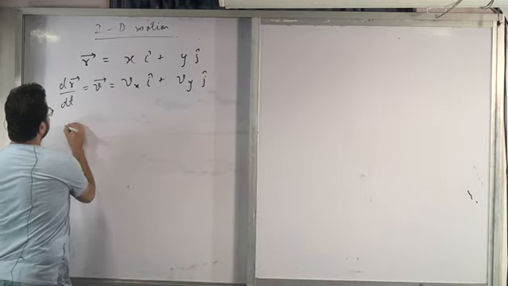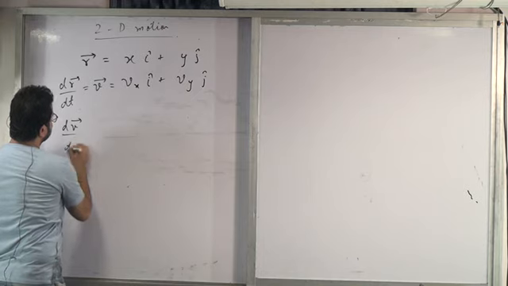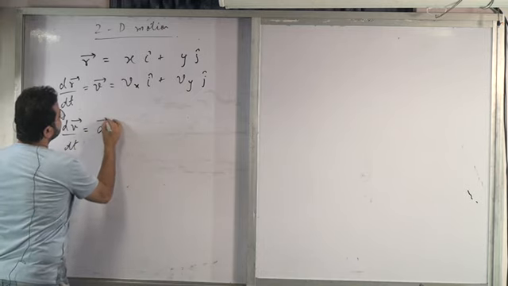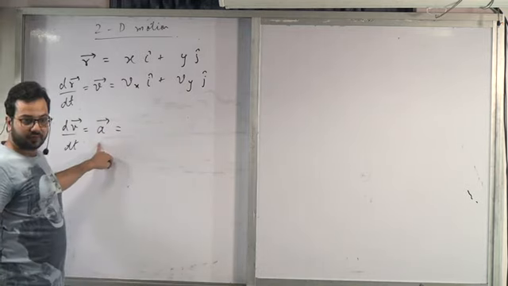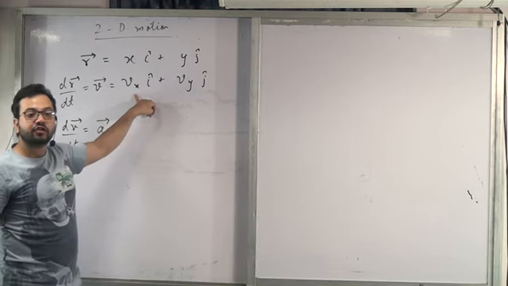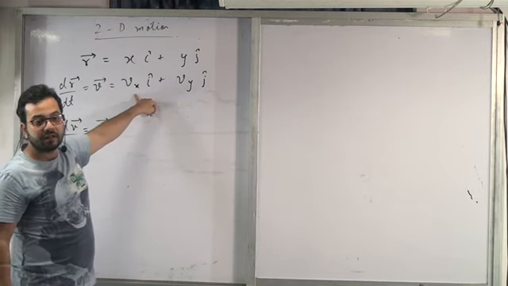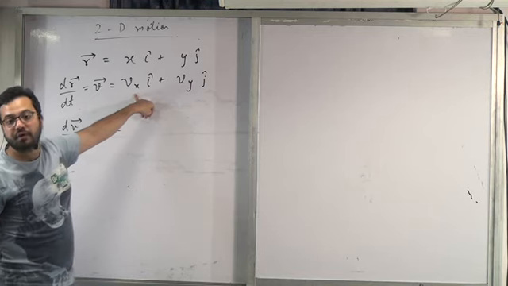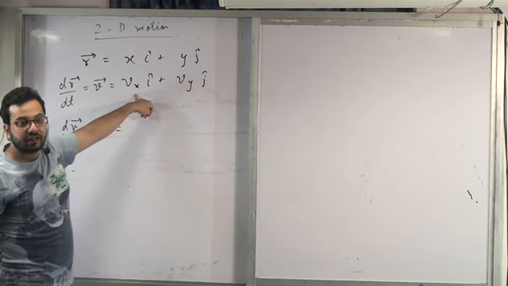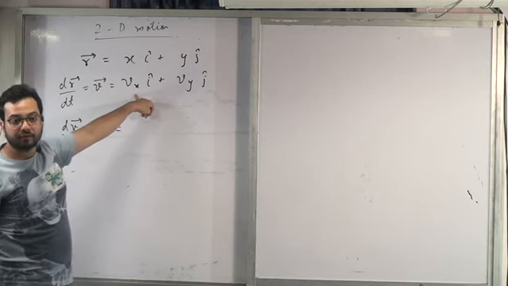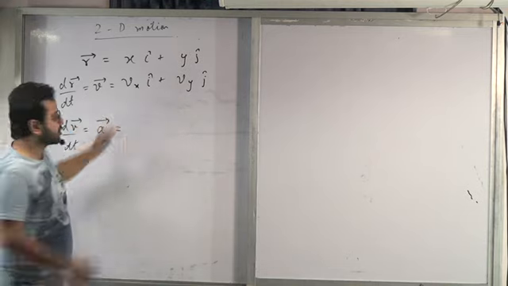I differentiate again. If I differentiate again, what do I get? I get acceleration. Again, if I differentiate the x component of the velocity, I should get the x component of the acceleration. So what would I get?